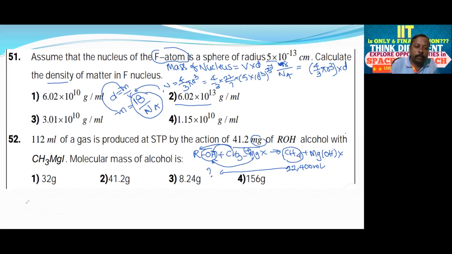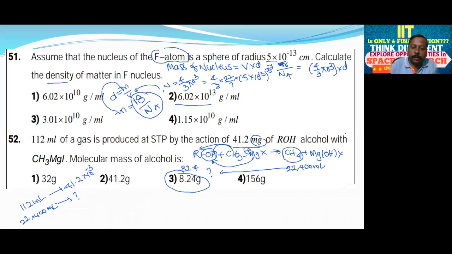By the unitary method, for 112 ml the mass is 41.2 into 10 to the power of minus 3, so 22,400 ml gives how much? On calculation we get 82.4. I think it is a print mistake; it should be 82.4. You can cross-check whether it is 82.4 or 8.24, but the process is the same.